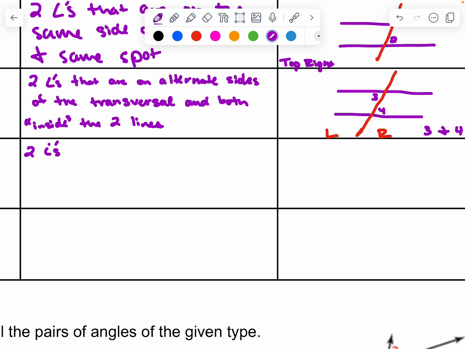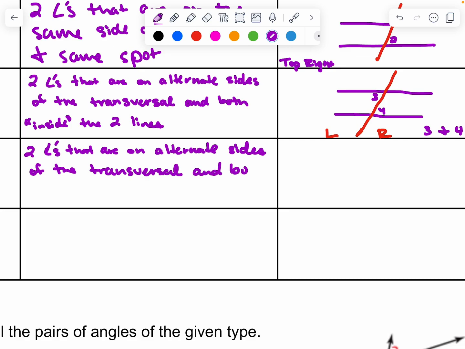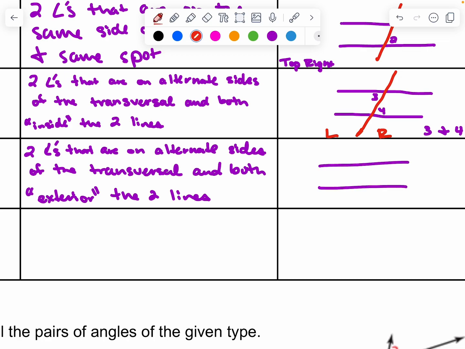So these are 2 angles that are on alternate sides, and they are exterior. AKA, the train does not go over top of them. So again, you're on the left and the right. I'm outside my 2 lines, so 5 and 6 here.